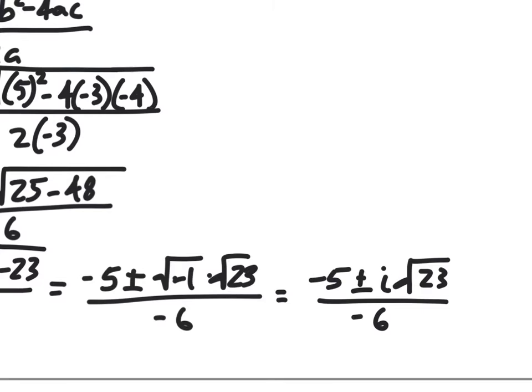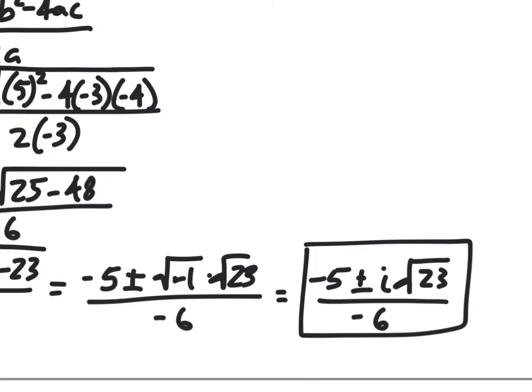I can't take the square root of 23; that doesn't give me anything real, so I have to keep it like that. I can't simplify it any further, since 23 is a prime number, divisible only by itself and 1. So you just write your answer like this: negative 5 plus or minus i square root of 23, all over negative 6.